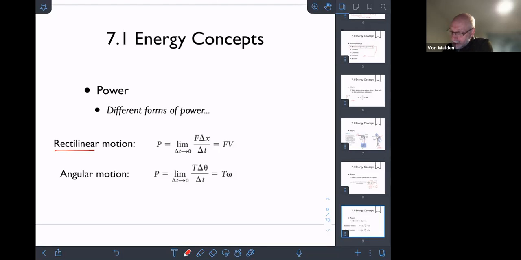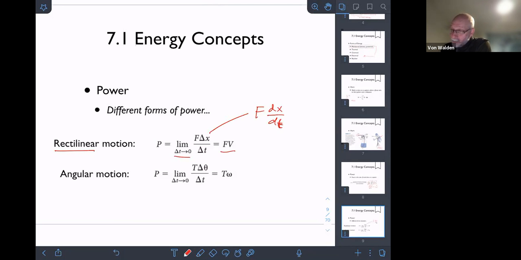But if the force is constant along a path, for instance, gravity, mg, then this is going to turn out to be F times dx/dt as this goes to an infinitesimal, and dx/dt is the velocity.